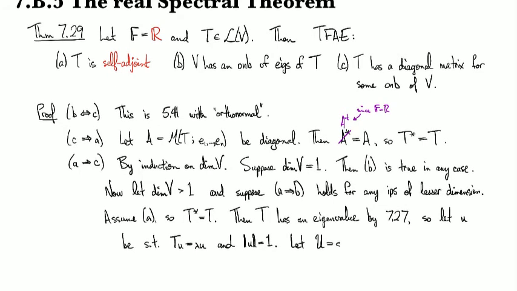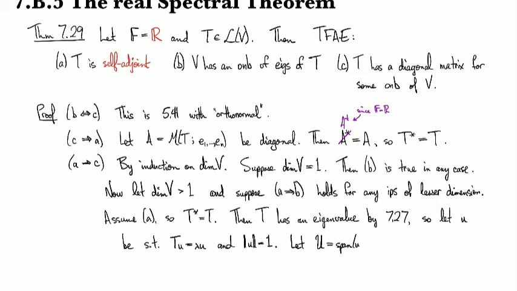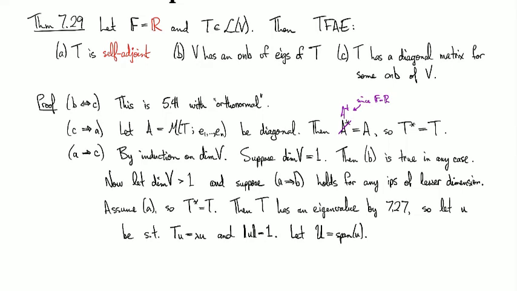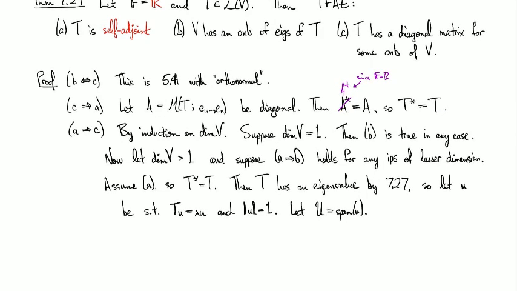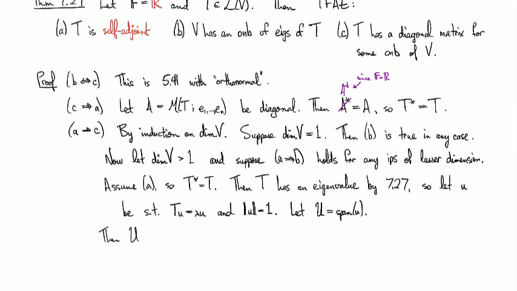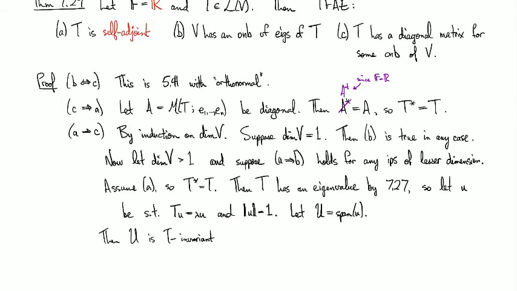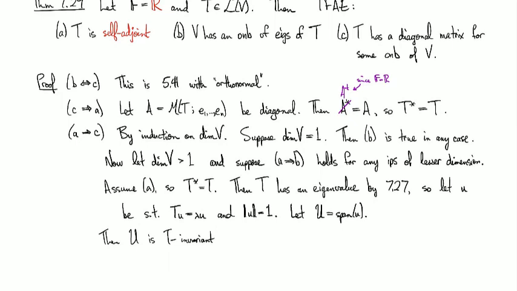Let capital U be the span of little u. Okay, so what do we have? Well, then U is T invariant, because it maps little u to a scalar multiple of itself. So that whole space is invariant.